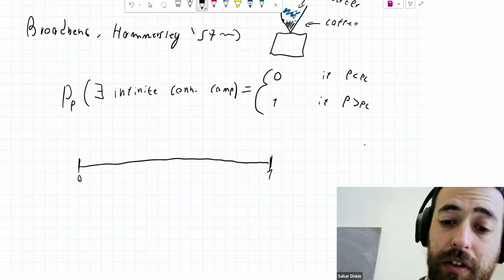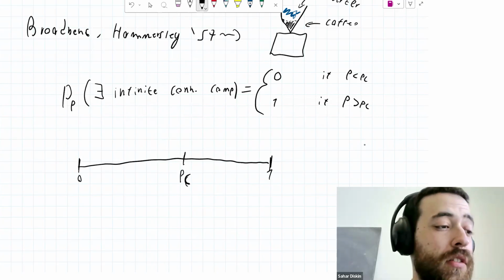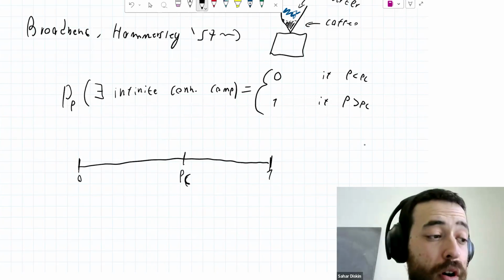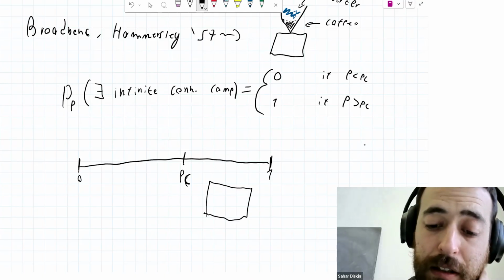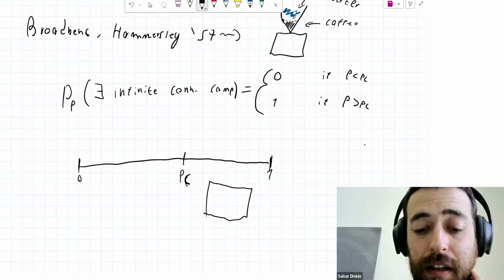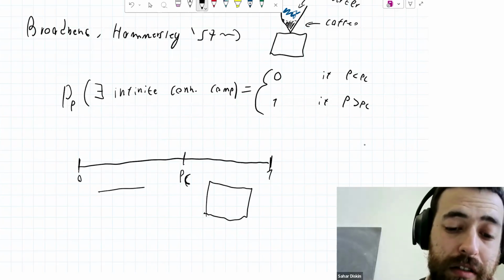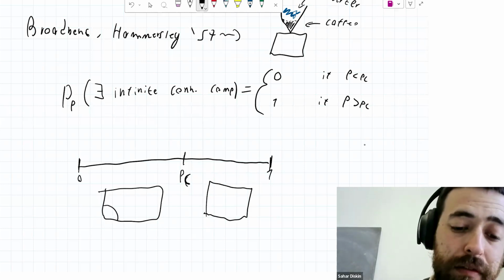And I just told you that in Z^d there is some parameter p_c. I don't care exactly what its value is. And above it, you will have an infinite component, and below it not. So for example, let me draw it in a box. Although obviously it's something infinite. So below it, the image would be that everything is shattered.